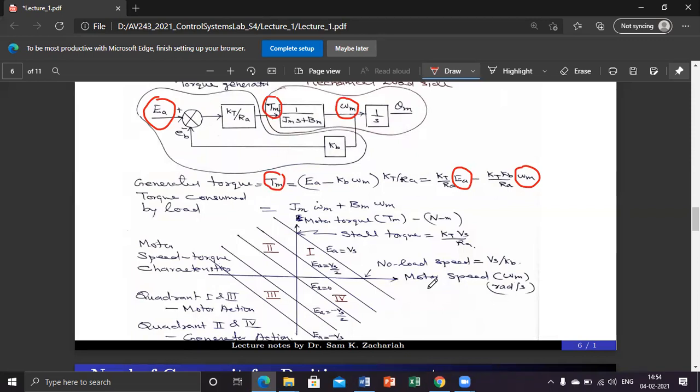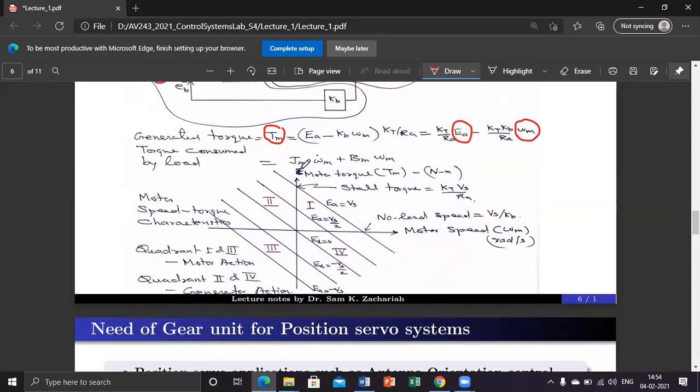How can we draw this? Here in an XY plot, one axis is the speed, another axis is the torque, and Ea is taken as a constant here, and we vary the value of Ea. If you look at this line, this is the equation of a line, like y is equal to mx plus c.